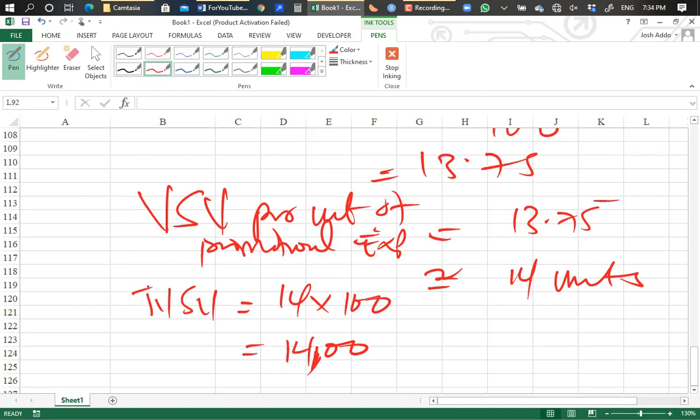So at a promotional expenditure level of 100 Ghana cedis, the part of our sales volume that will depend on that 100 Ghana cedis will be 1,400.